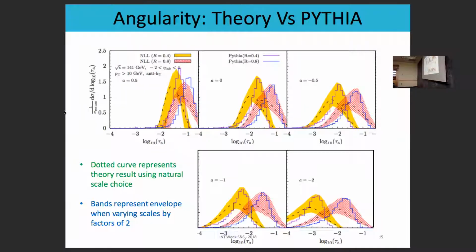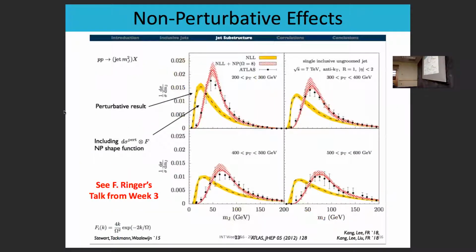Well, I wanted to bring this up as well. If you went to see Felix's talk from week 3, he had this slide showing a comparison with data. This is jet mass data from the LHC at 7 TeV. You see the bare next to leading log calculation here in yellow, and it badly misses the ungroomed jet data.